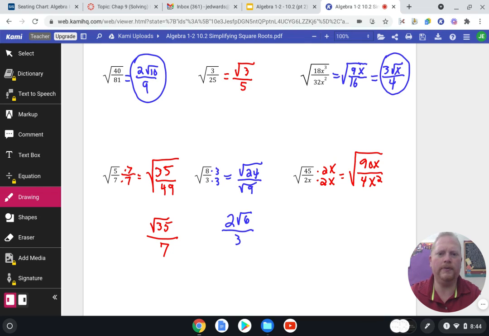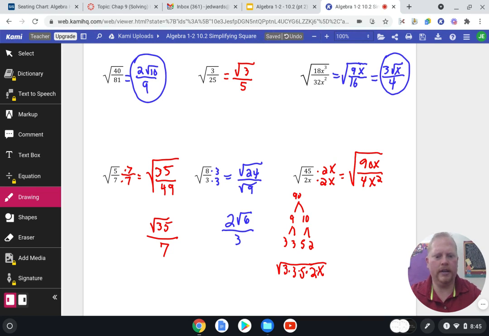And again, the whole purpose of doing that is to turn that denominator into a perfect square. All right, let's go ahead and break down the 90. So 9 times 10, 3 times 3, 5 times 2. So I've got 3 times 3 times 5 times 2. And I can go ahead and put that x in there.